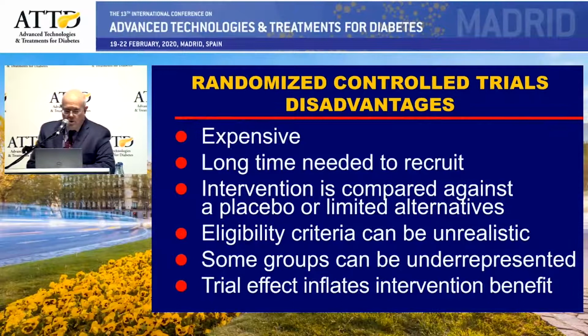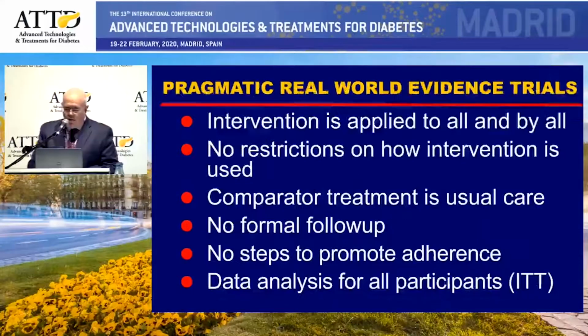You're not looking at the whole world. Finally, there's something called a trial effect or Hawthorne effect, and this can inflate the apparent benefit of the intervention. So RCTs have their advantages and disadvantages. Now, one could say the opposite of a randomized controlled trial is a pragmatic real-world evidence trial.